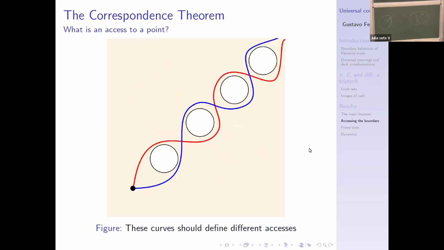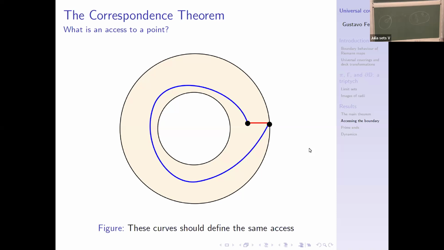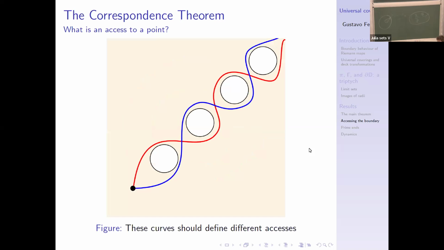But if my domain looks like this, right, it has a bunch of holes going off to infinity, and I have these two curves here, these should define different accesses to, let's say, infinity, which is like all the way up there, right? So we have to ignore some bits of homotopy, but not all bits of homotopy.